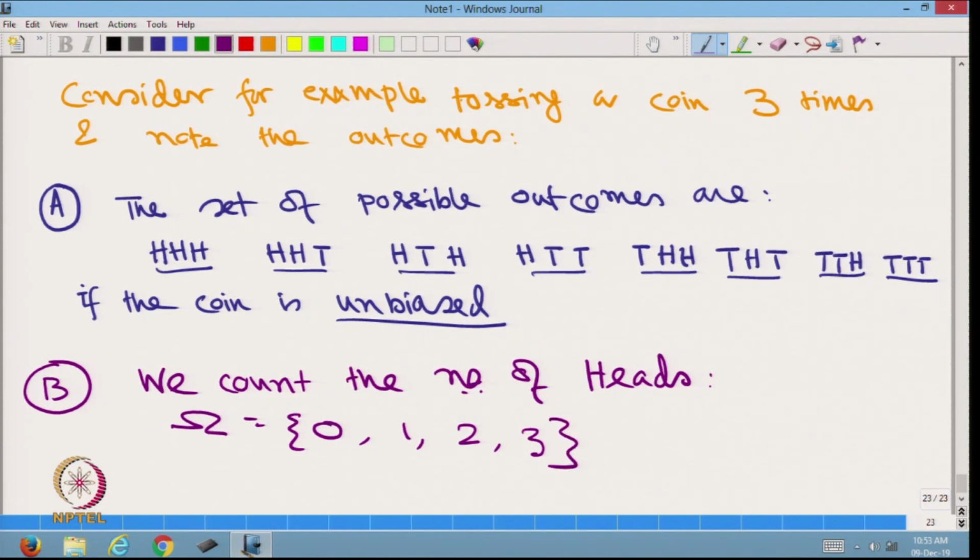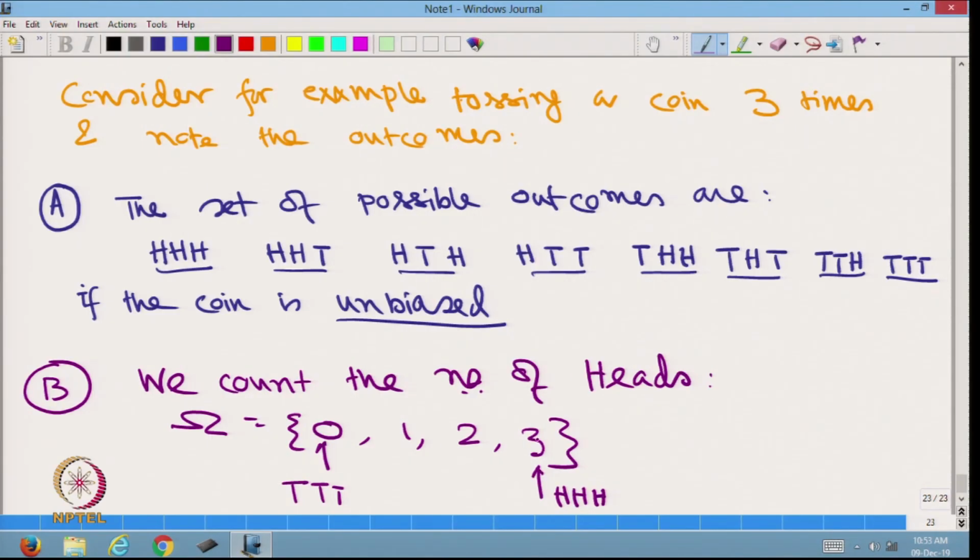However, we cannot say that they are equally likely, because 0 can happen only if the outcome is TTT, and 3 can happen only if the outcome is HHH, because all 3 are heads.